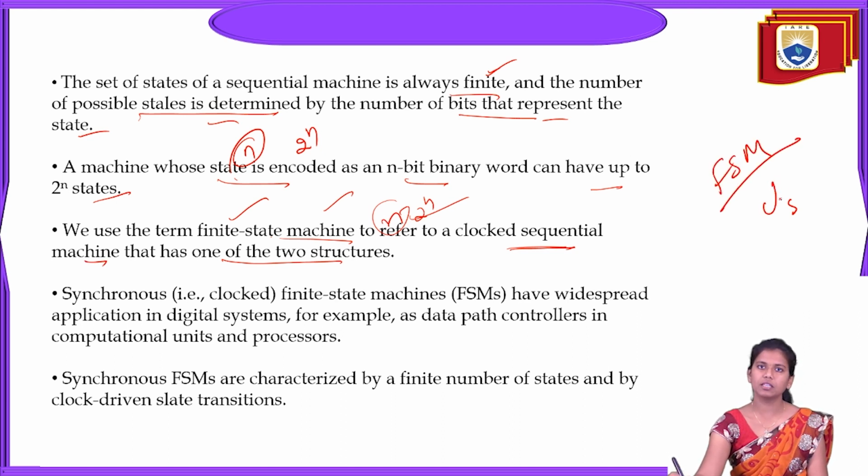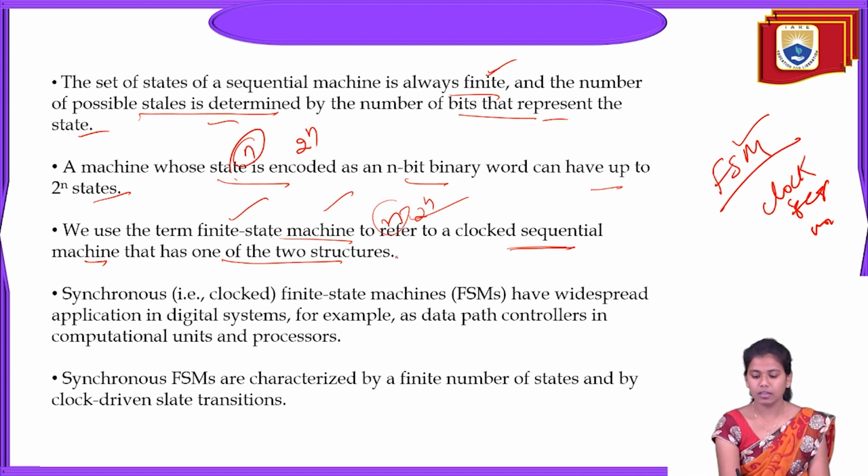Finite state machines are nothing but clocked sequential machines. They hold information based on changes in the present inputs and past outputs. The output is a transition.